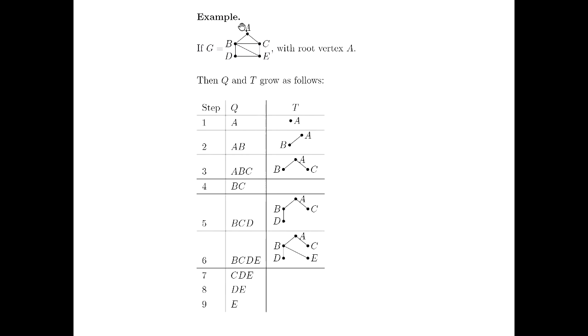So let me say one thing first, which is that obviously when you do these algorithms, there's a bunch of arbitrary choice involved, right? So you can pick which vertices you go to first from a particular vertex.